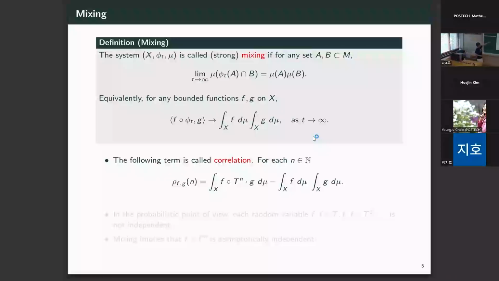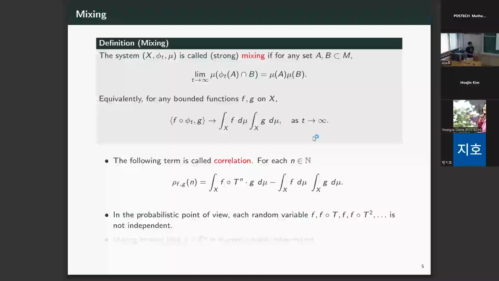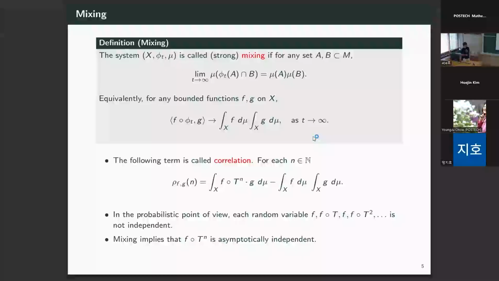So if you consider the map instead of the flow, then we can write the correlation in the following way. Correlation means the difference of two quantities, so if the system is mixing, then the correlation tends to 0. You can view a function as a random variable in the sense of probability, but each f composed with T^n is not independent. So mixing means f composed with T^n is asymptotically independent.